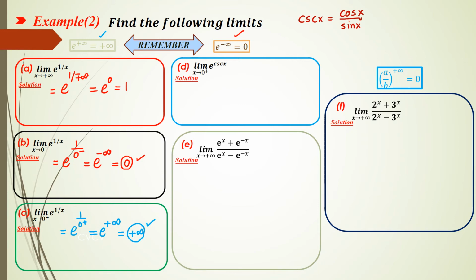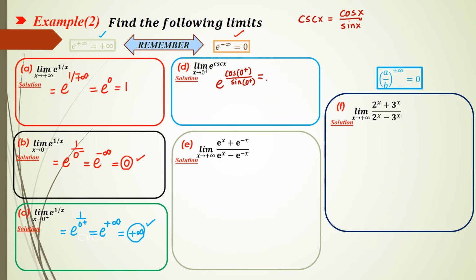So by direct substitution for the function inside, we have e to the power cosine 0 from right divided by sine 0 from right. Now sine 0 from right equals 0 from right, because we talk about first quadrant. 0 from right means the angle in the first quadrant. So the sine will be 0, but 0 from right.